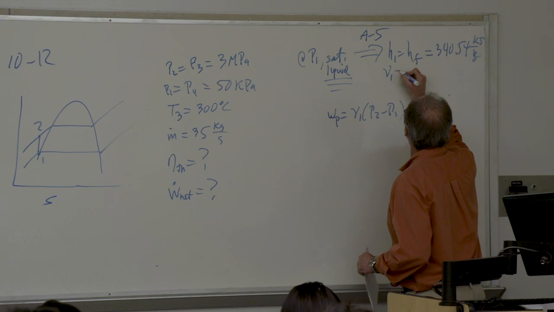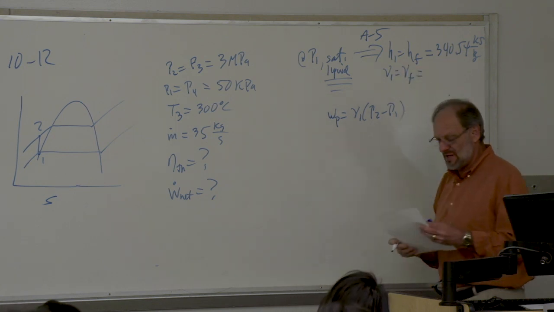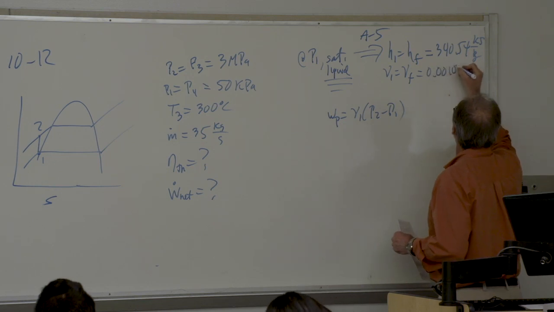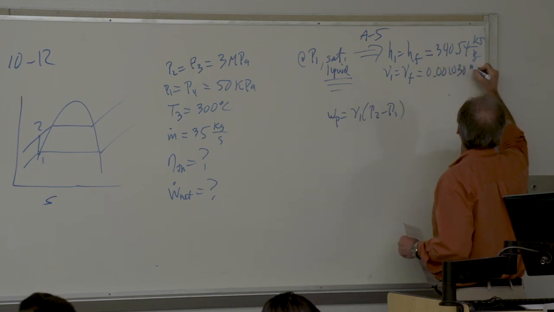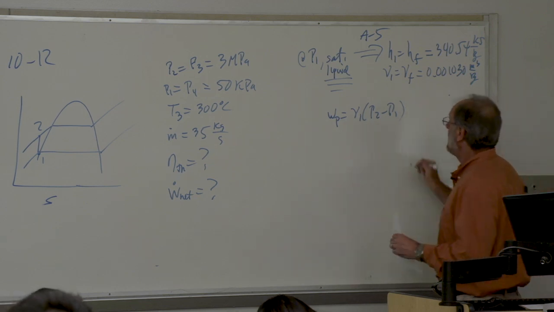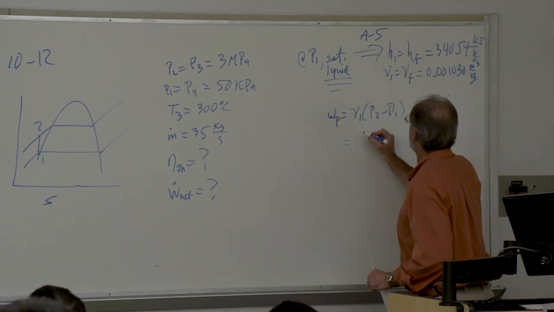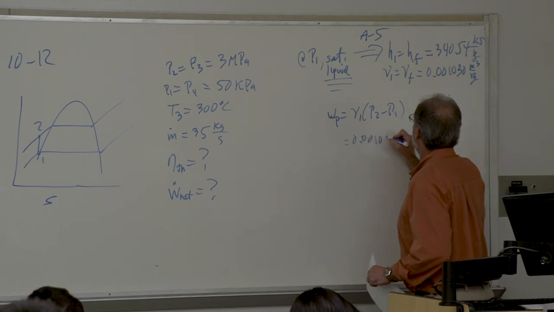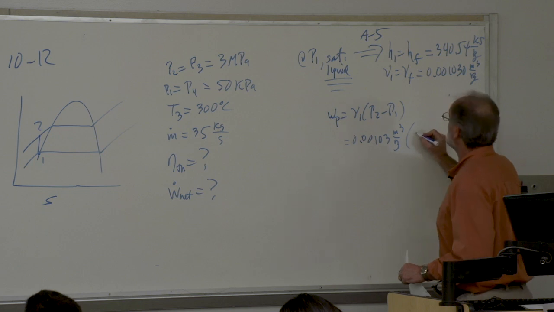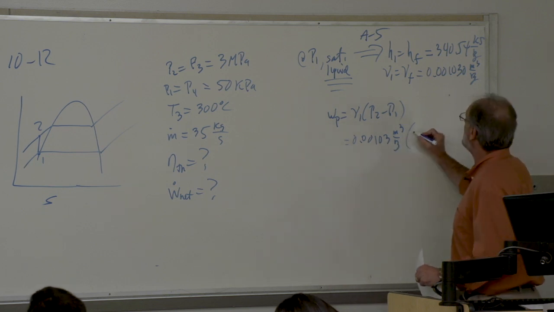So let's do that. Let's just look up V1, which is also the same as VF, and that's 0.00103 meters cubed per kilogram. Okay, so that's the data that we need. And now we can find the pump work. So 0.00103 meters cubed per kilogram. P2 is 3 megapascals.